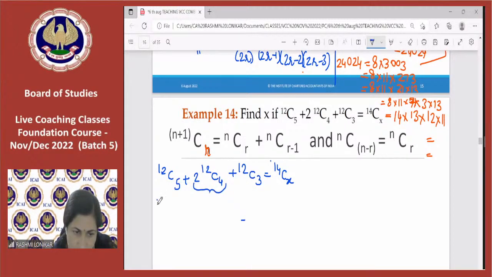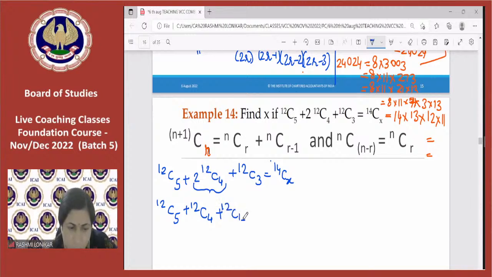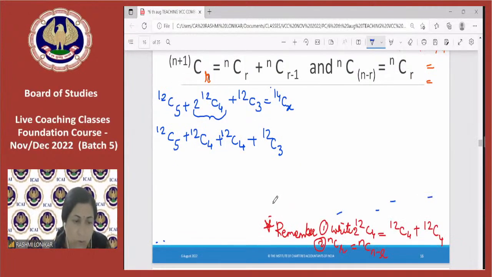So, I will write this as 12C5 plus 12C4 plus 12C4 plus 12C3. Now, here I'm going to club these, and here I'm going to club these.